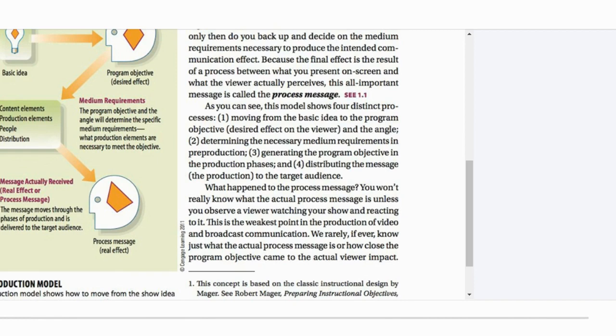And when you're dealing with a fancier production, a medium requirement would be your budget. You got to get your budget approved. And I think a big one for this class is schedule. That's part of the medium requirements, coming up with your production schedule, which is always difficult in school.